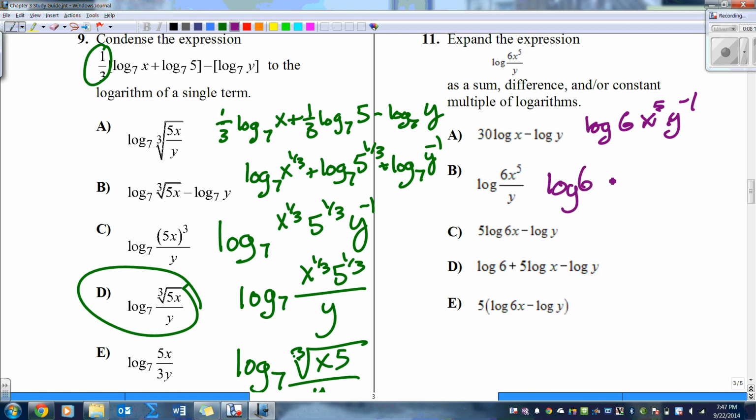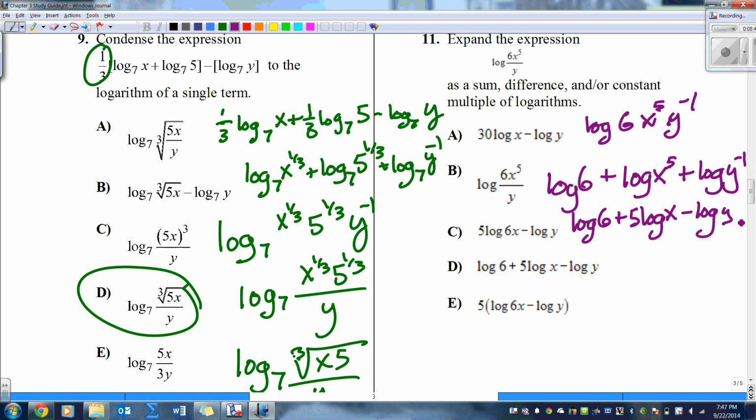Log 6 plus log x to the 5 plus log y to the minus 1. Bring the two exponents down. Log 6 plus 5 log x minus log y. My answer is D.